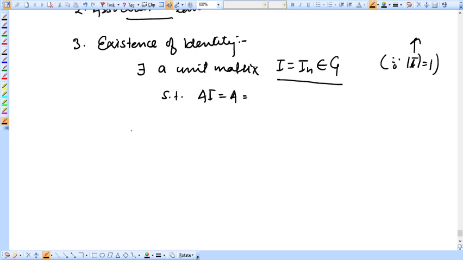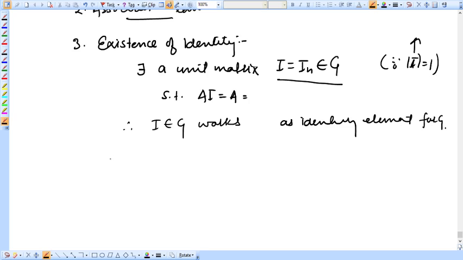Therefore I belonging to G works as the identity element for G.